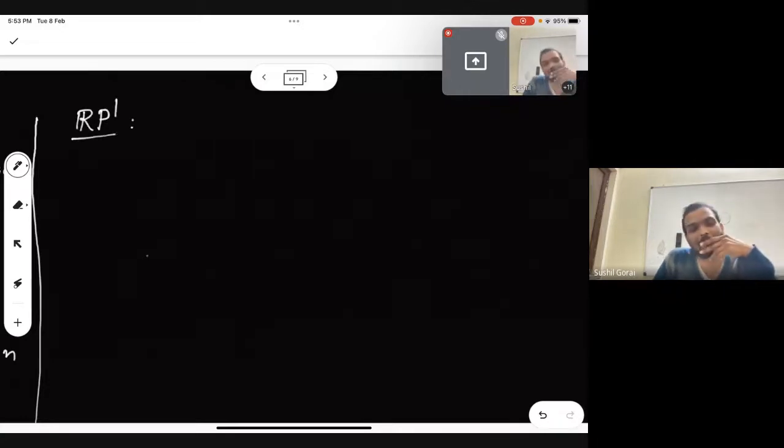By the way, before going further, let us look at RP1. What is RP1?